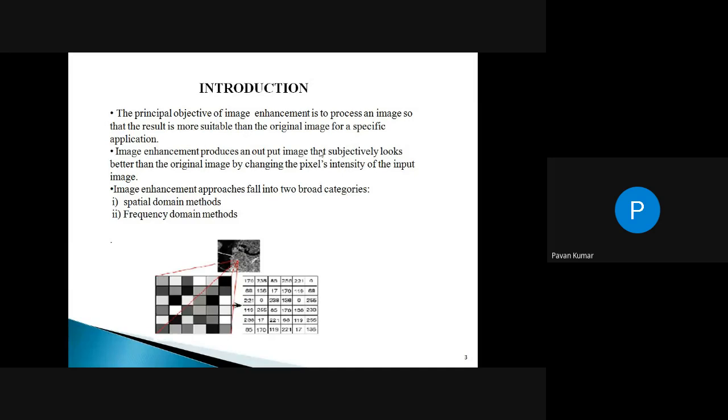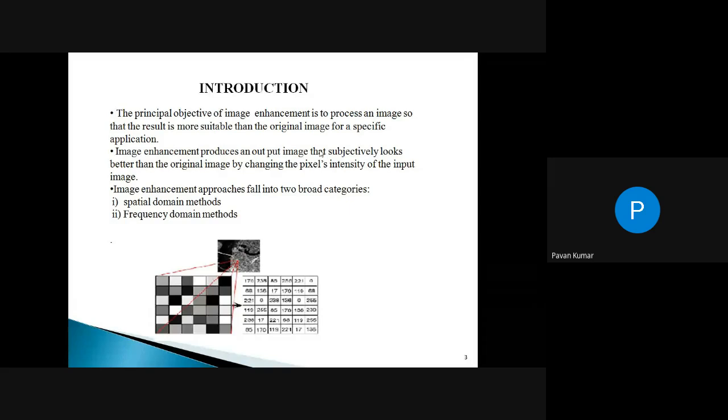I am talking about the grayscale image, and between these we have 256 intensity levels. So modification of those intensity levels is nothing but image enhancement. Simply, we are modifying the intensity levels of the image. That's it. We are not doing anything else.